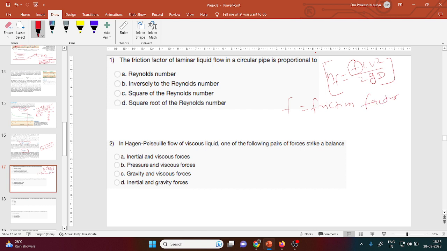I think you know already the friction factor is different in case of laminar and turbulent.